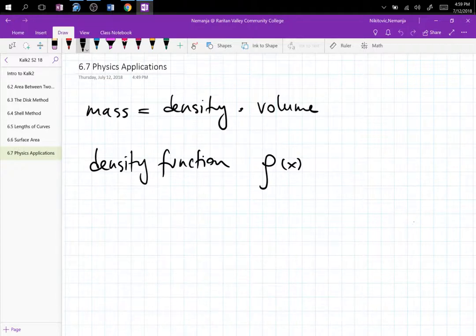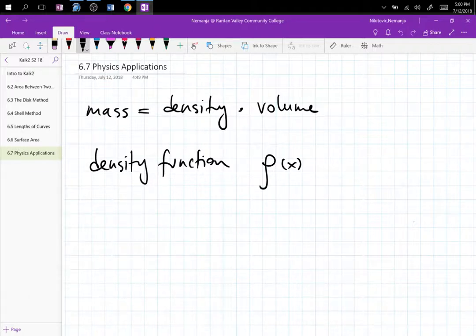So, mass of a one-dimensional object. That means the object is long and very, very thin. It's still a three-dimensional object, but we call it one-dimensional because one dimension is pretty much all that's important. Like a very long wire, you are only concerned with the length of that wire.